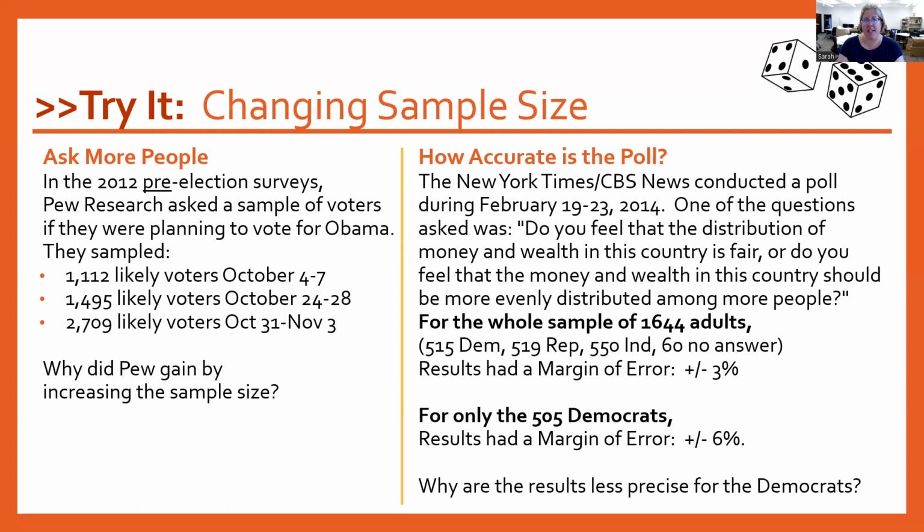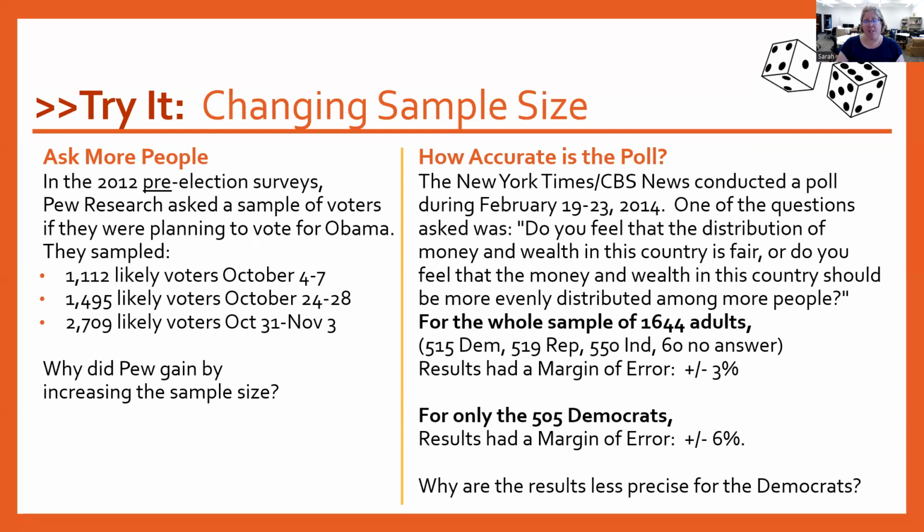Looking at the entire sample, it was 1,644 adults, with a pretty even split between Democrats, Republicans, Independents, and then 60 who didn't identify with any group. Those results had a margin of error of plus or minus 3%. That means if the estimate was 60%, we would say that between 57 and 63% are going to vote for this.